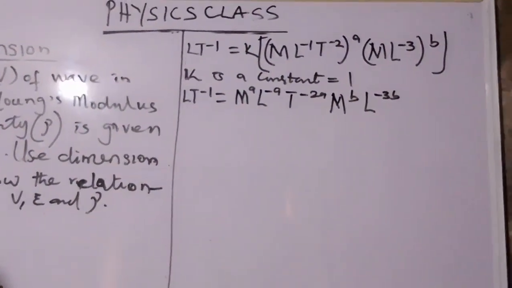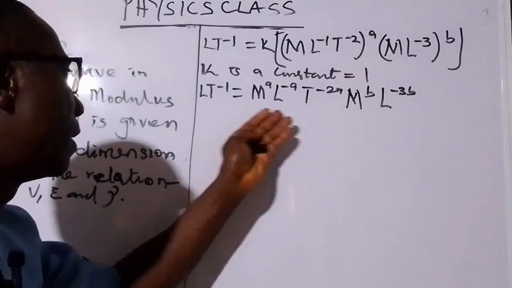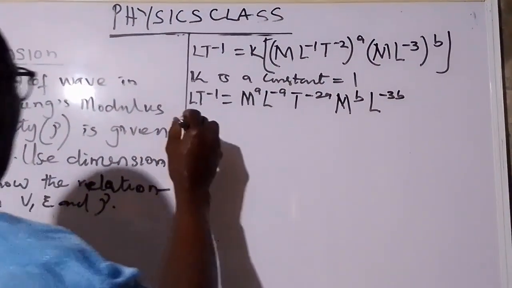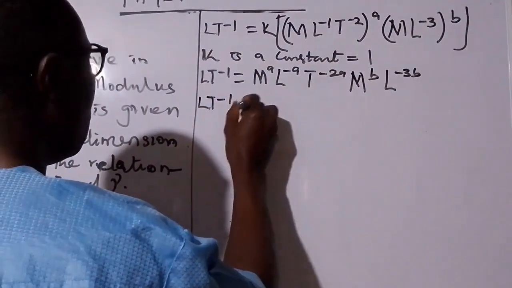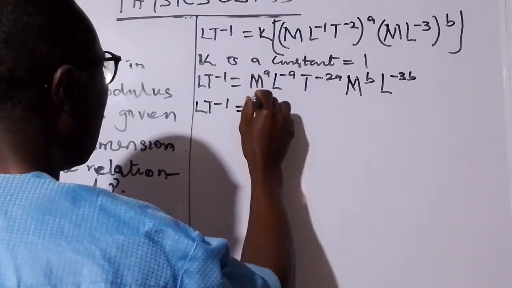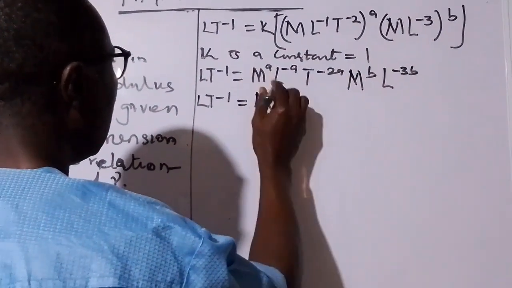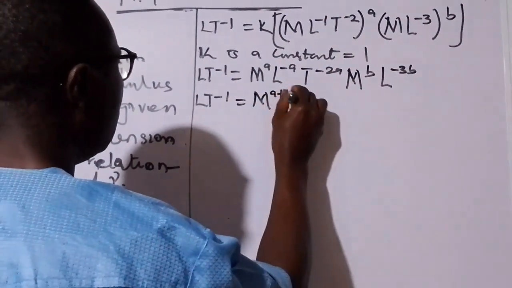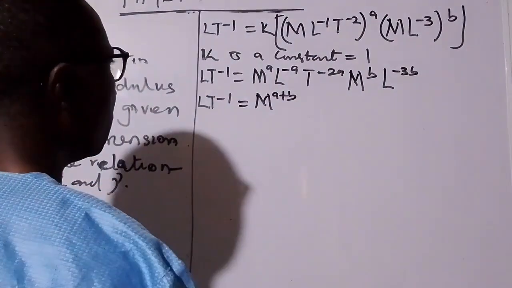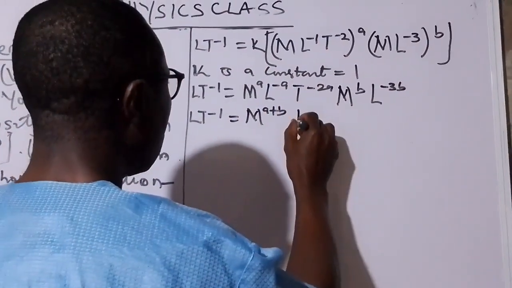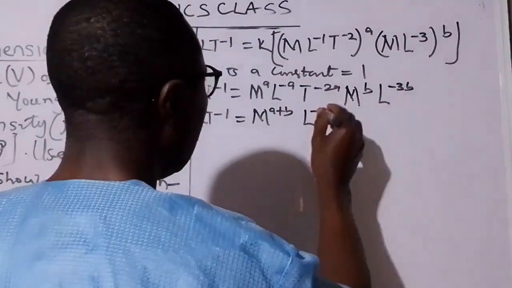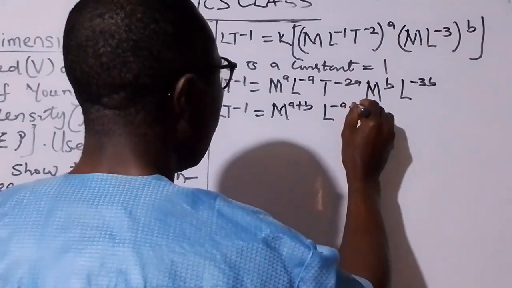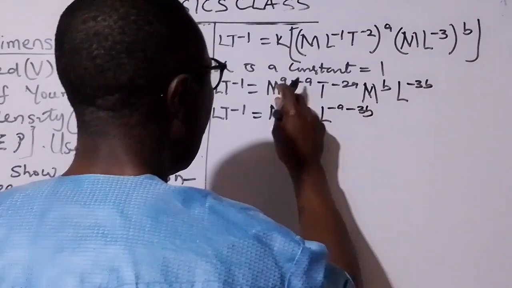The next thing is to collect the like terms here. Then we are going to have LT^-1 will be equal to M raised to power A plus B, law of indices. Then also L raised to power minus A, then minus 3B, law of indices.